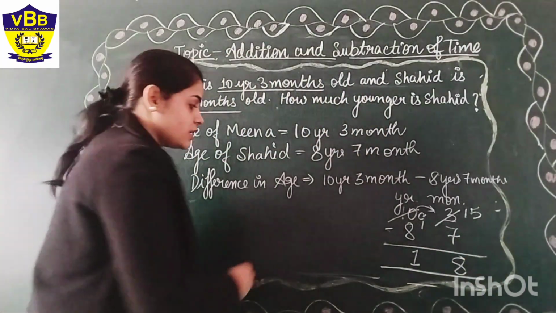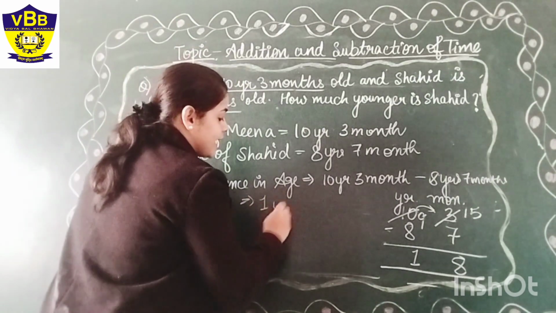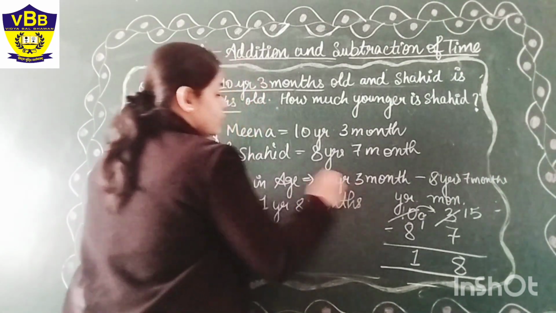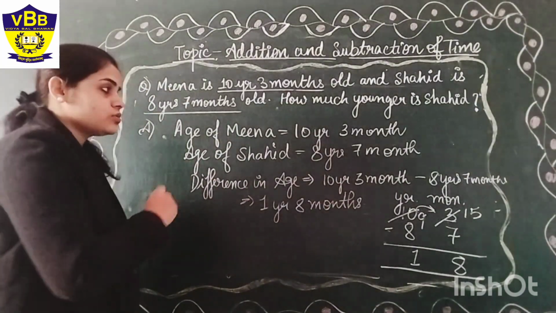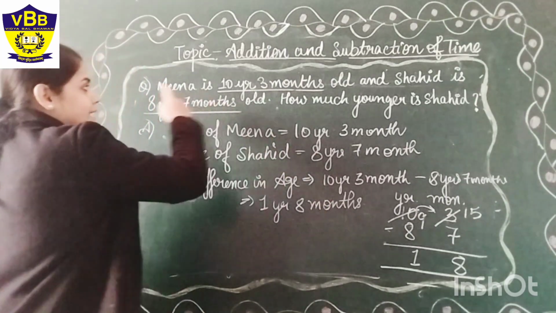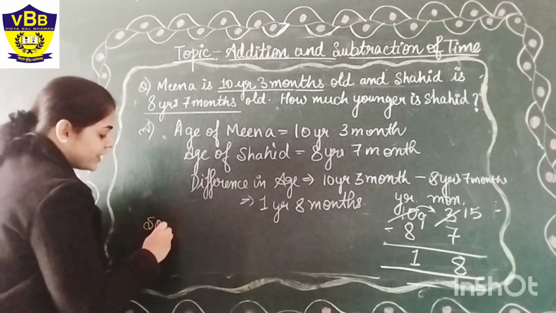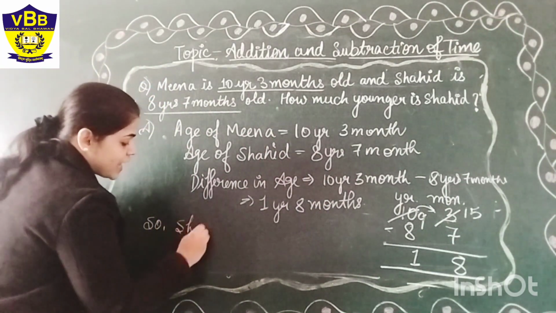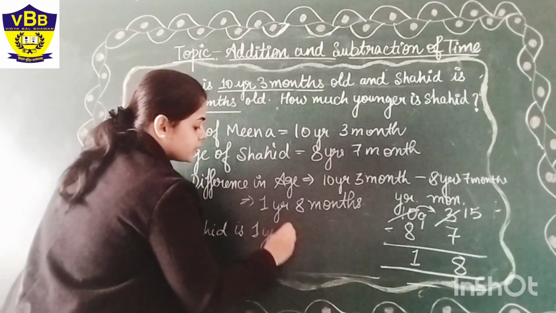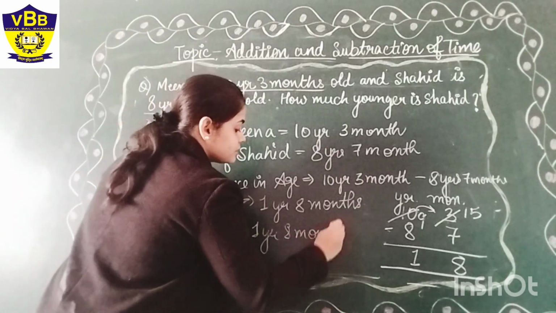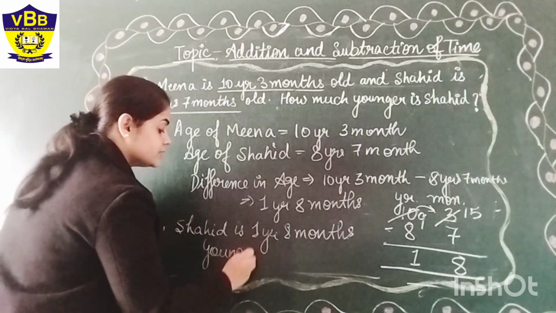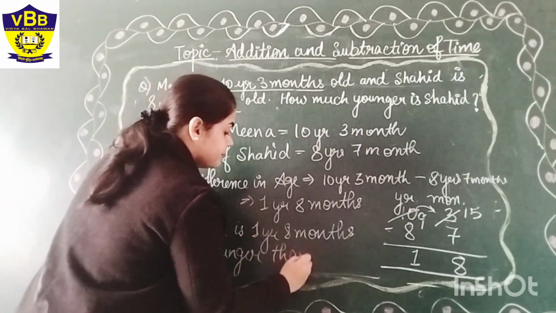So my final answer will be 1 year and 8 months. What will be my final answer? 1 year and 8 months. So Shahid is actually 1 year, 8 months younger than Meena. So we will write the final statement. So Shahid is 1 year, 8 months younger than Meena.